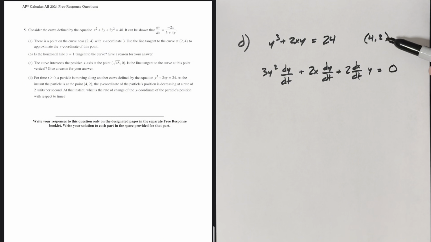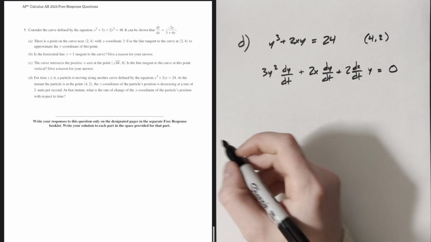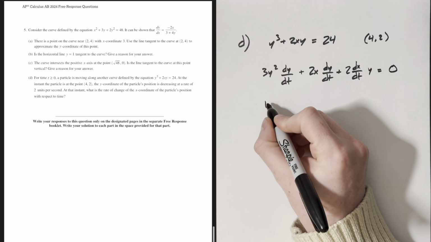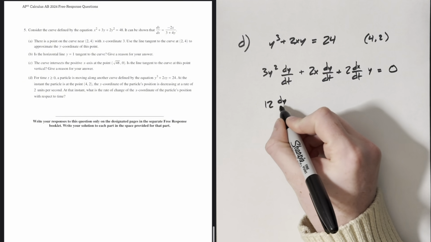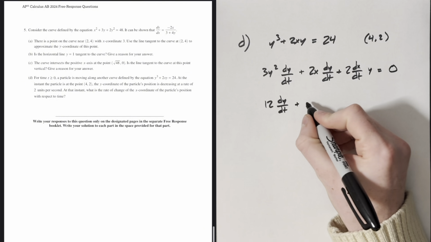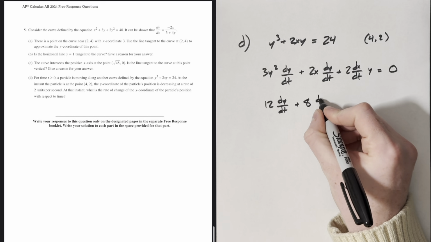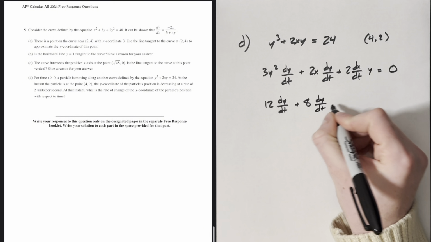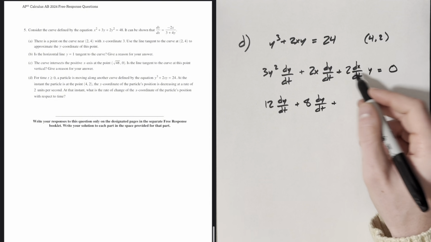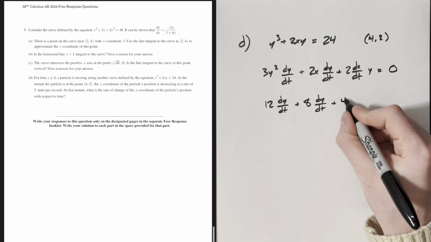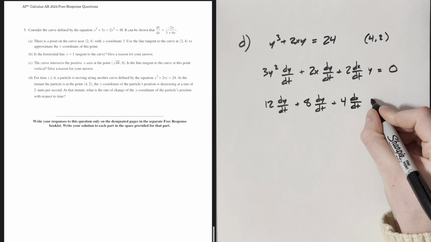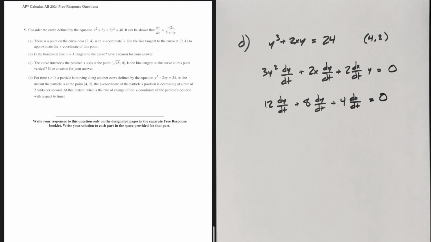So now we can plug some stuff in, right? We know our x value is 4, our y value is 2. So let's start there. 2 squared is 4, so 3 times 4 is 12. We have 12 dy/dt plus 2 times x, which is 8 dy/dt, plus 2 times dx/dt times y, so 2 times 2, 4 dx/dt is equal to 0.